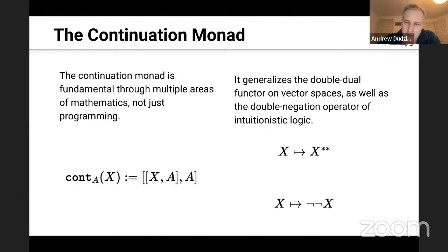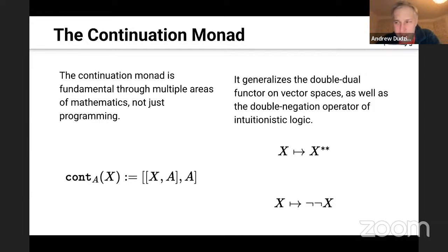So anyway, this particular monad comes up a lot in intuitionistic logic, which is basically logic where all the normal rules hold except the law of the excluded middle. That one, you have some flexibility.